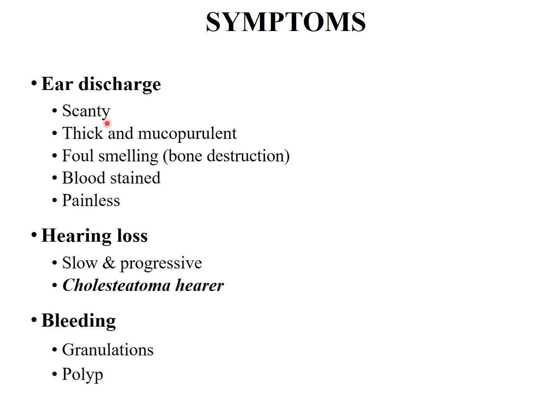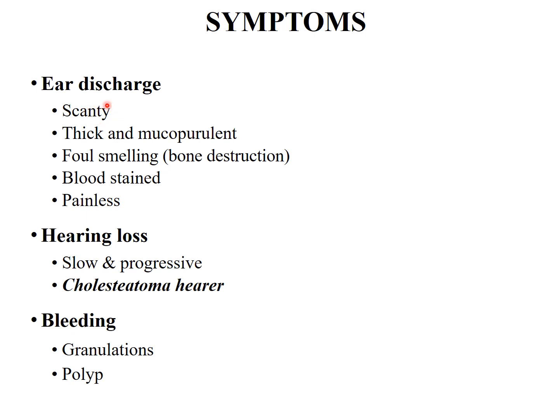Discharge is usually scanty. Sometimes it is so little that the patient may not be completely aware of it. Secondly, if the ear is actively discharging a scanty amount and it suddenly stops, then it should be evaluated, as the disease may now progress inside and cause complications.